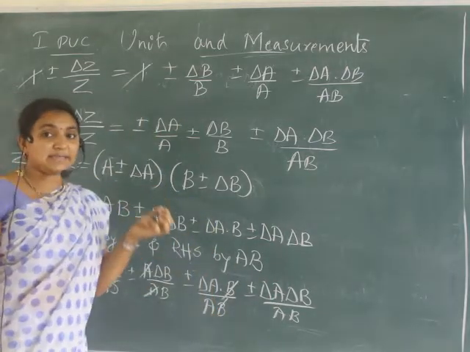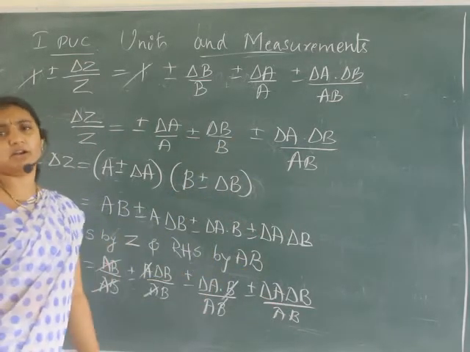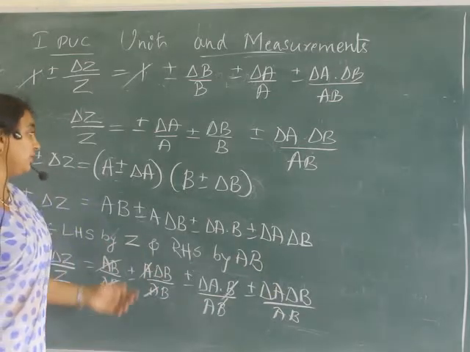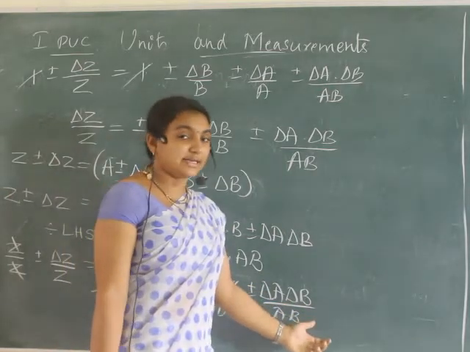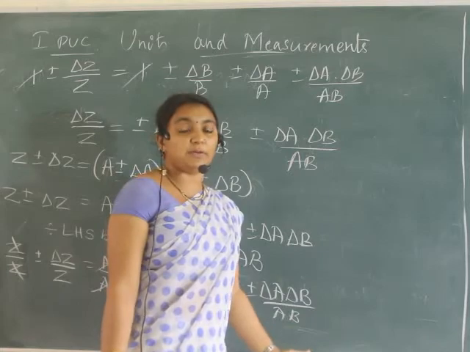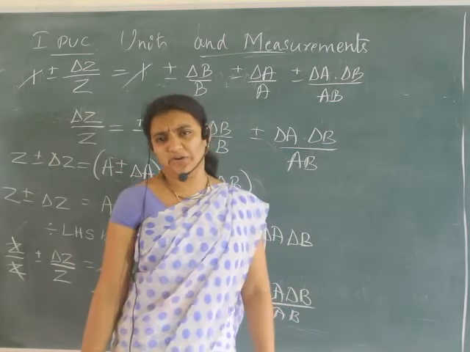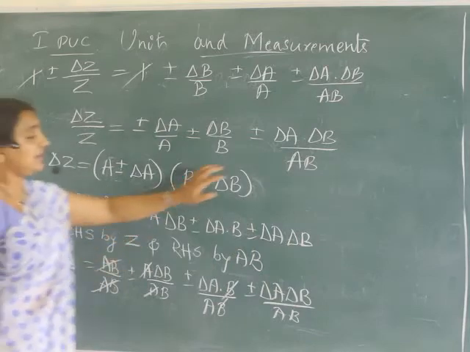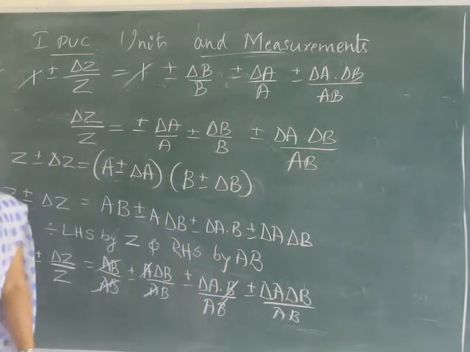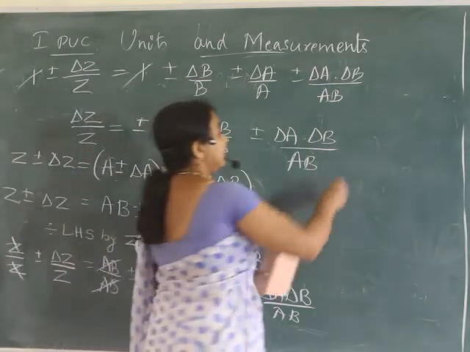When you multiply a small number with another small number, you get a still smaller number, not a bigger number. Delta A is one small number, delta B is also a small number, so their product is a very small number. So we will ignore it. We can neglect that term. Product of the small numbers can be ignored.